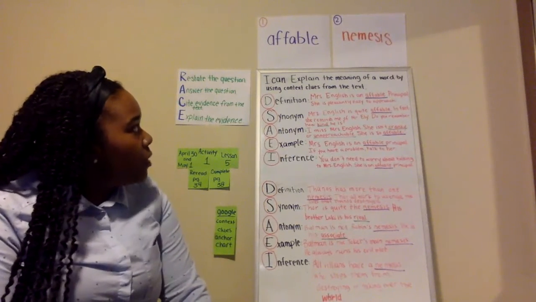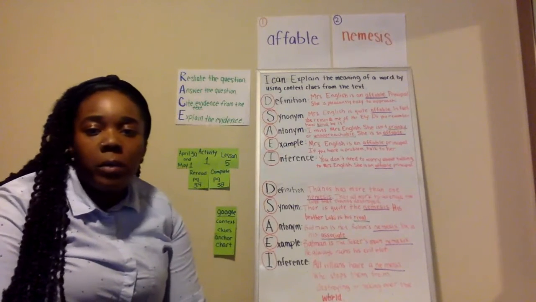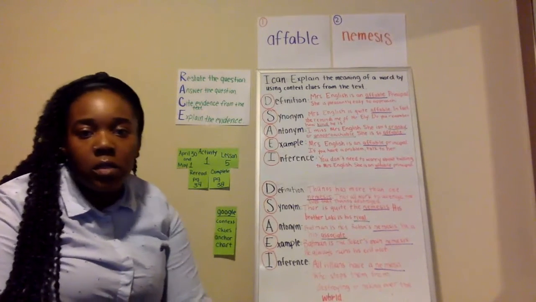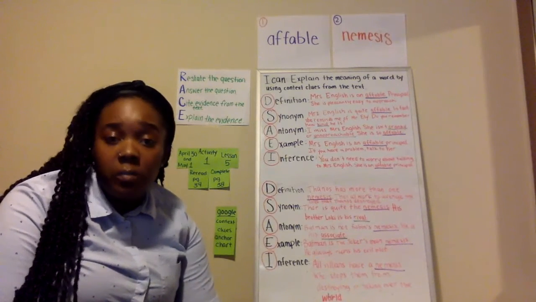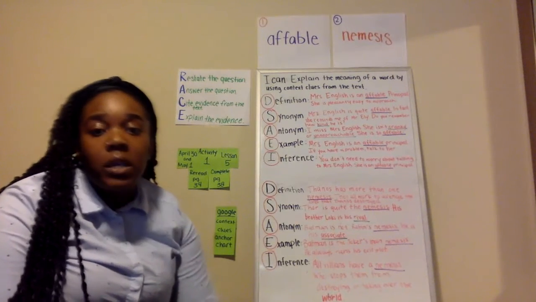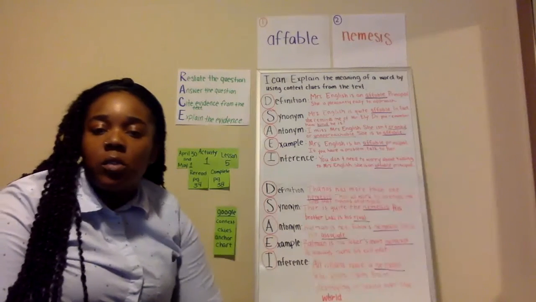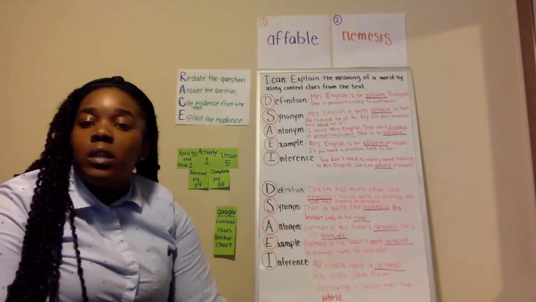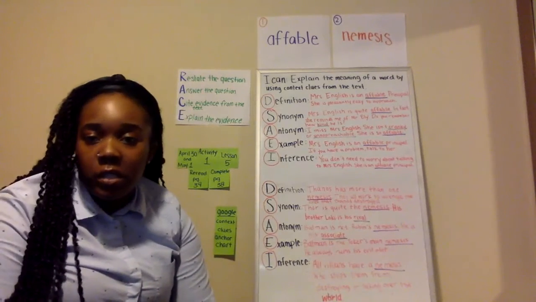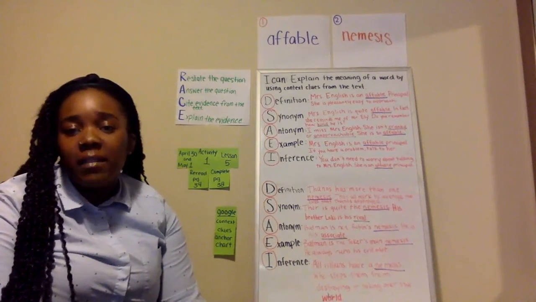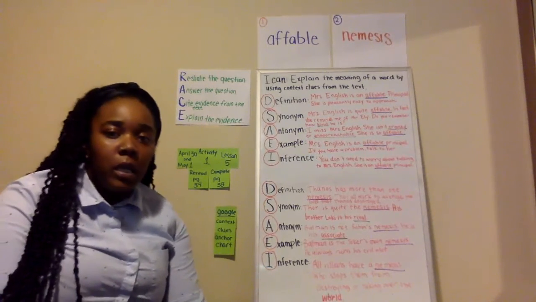So the 5 things that you want to look for when you are trying to determine the meaning of a word using context clues are a definition, synonyms, antonyms, examples, and inferences. These things will be found inside of the text around the word that you are trying to determine the meaning of.